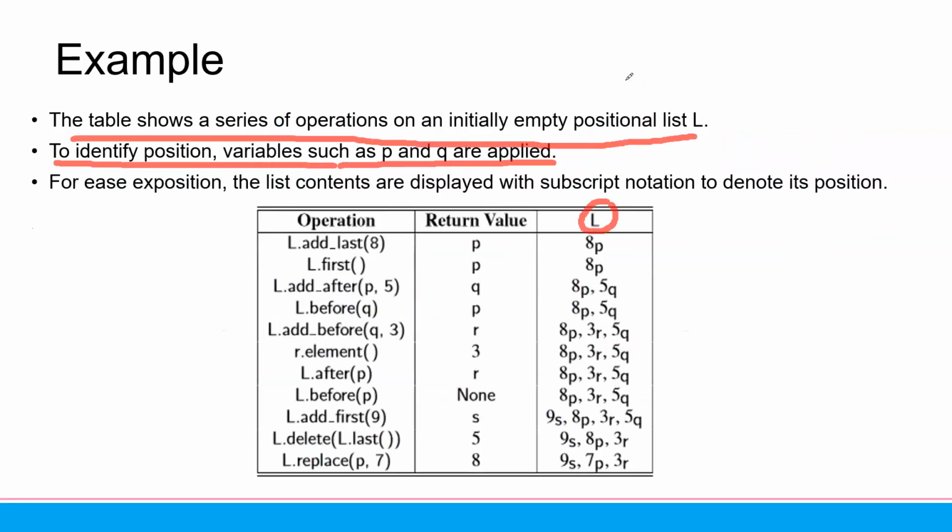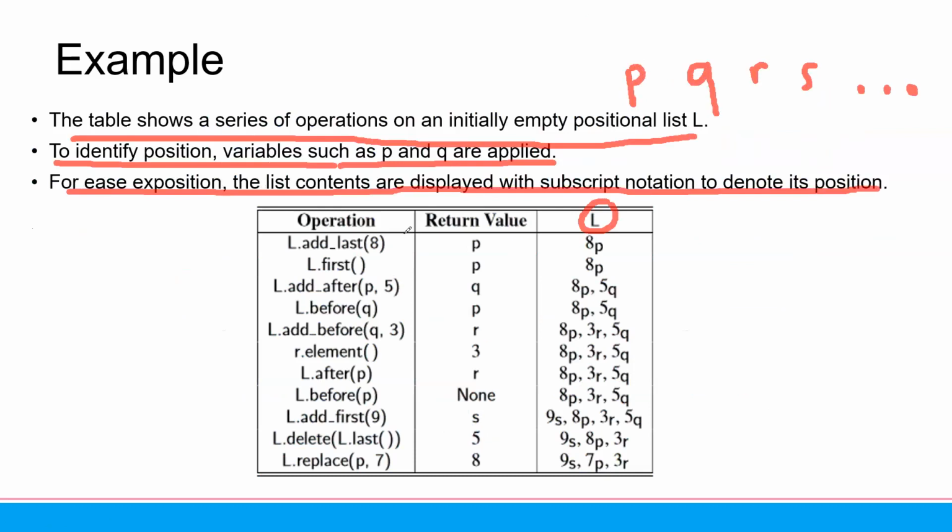So the position means we use P and then Q and then R and then S and so on. For each operation, the list contents are displayed with subscript notation to denote its position.